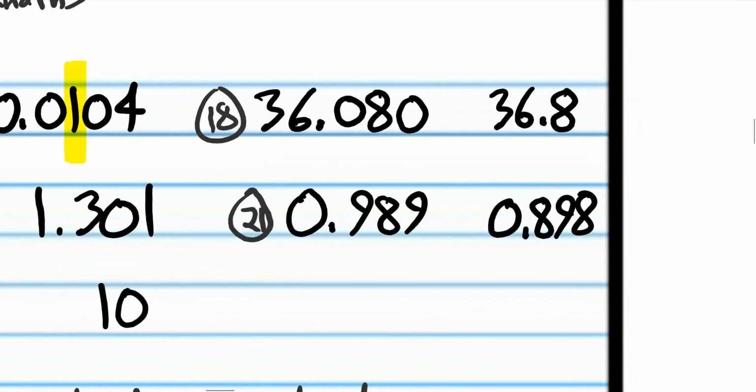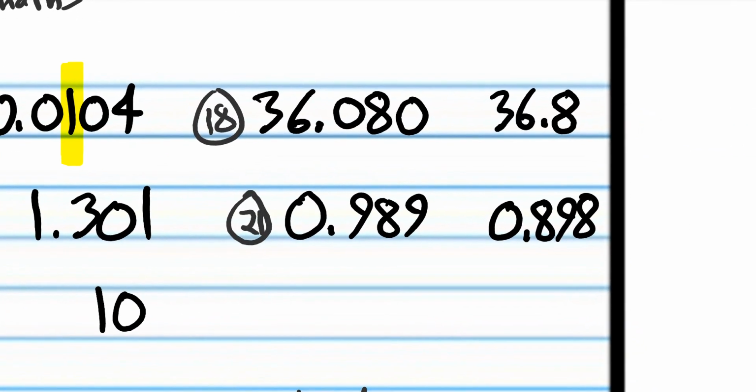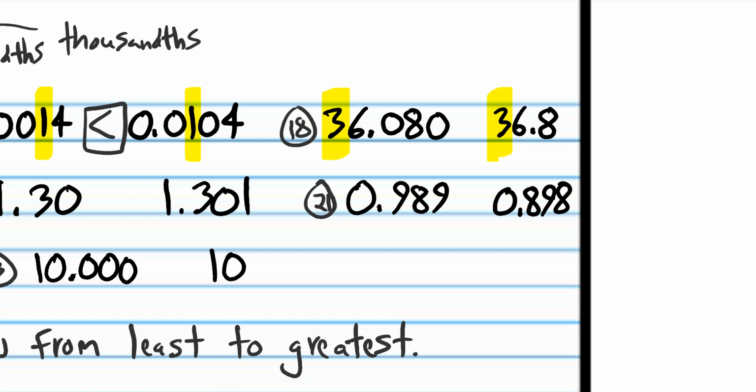So again, if you're having trouble with this, don't worry. We're gonna do more of these problems. So we look to the number farthest to the left, and we get 3. And both those 3s are in the tens place, and they're both 3s. So what that means is that doesn't tell us which number is bigger. We then have to go to the number next to that number, and we have 6, and both those 6s are the same, so we still don't know which value is bigger.